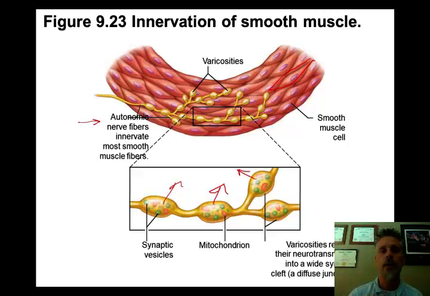The other thing we find with smooth muscle is that they get their name because they don't have striations. Cardiac muscle and skeletal muscle have stripes or striations due to the regular arrangement of our different myofibrils like actin and myosin, etc. But not so in smooth muscle.